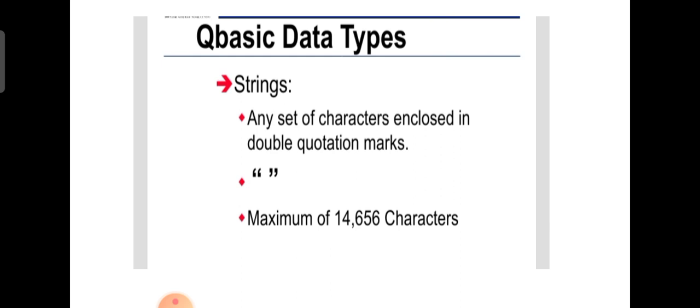The one rule for specifying this string data type is that you have to enclose them with double quotes. If you have to store your name in a QBasic program, you have to write it in double quotes. So these were your data types.